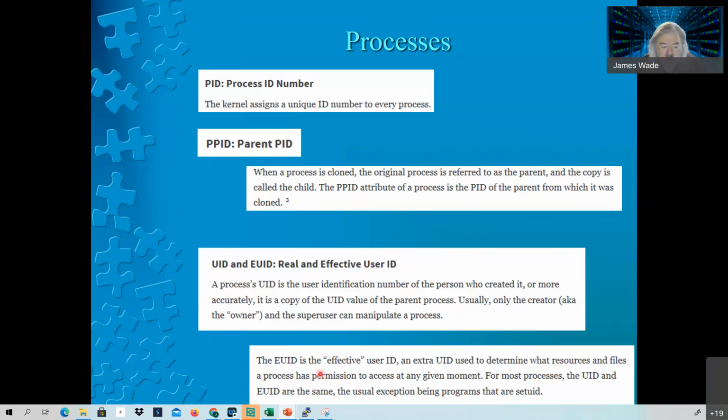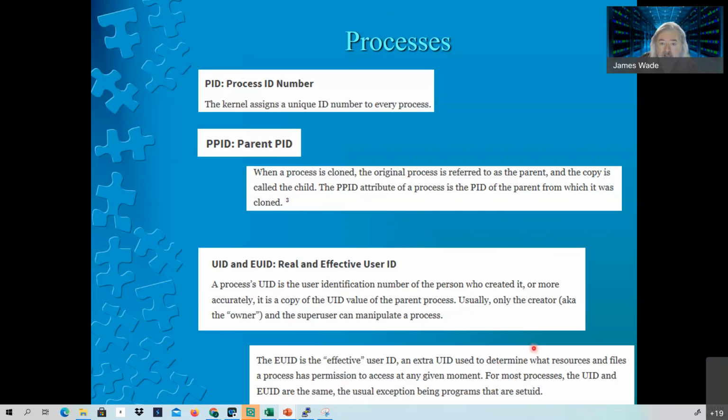The effective user ID is an extra UID that determines what resources and files the process has permission to access. By default, the effective user ID is going to be the same as the user ID. But remember that set GID and set UID process I talked about in that last chapter?